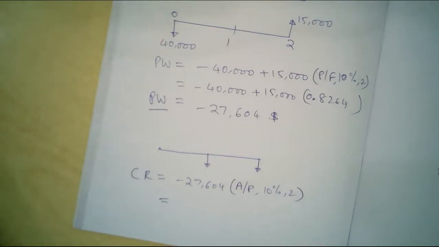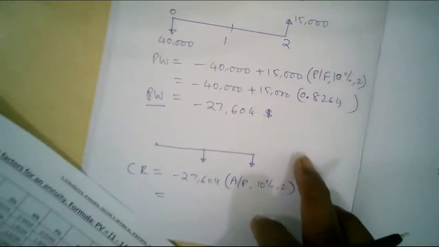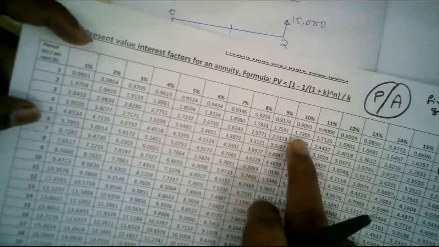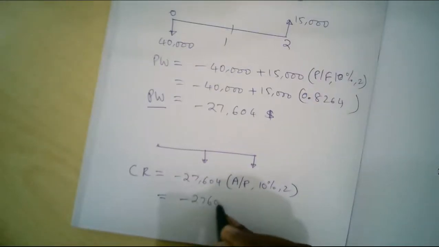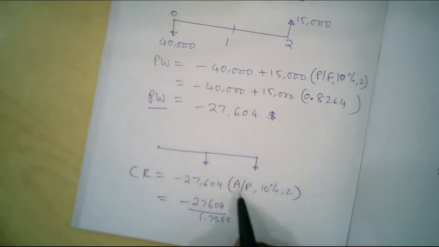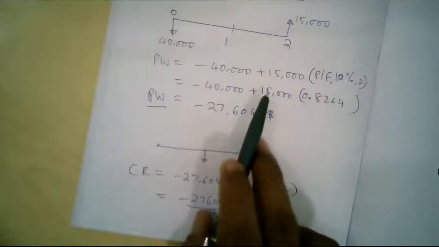Anyway, I have the P by A sheet, so I'll just have to reverse it. The interest rate is 10%, and for 2 years 1.7355 is there. So minus 27,604 divided by 1.7355. I'm not multiplying because I'm referring to the P by A sheet, not the A by P sheet, but this is fine.